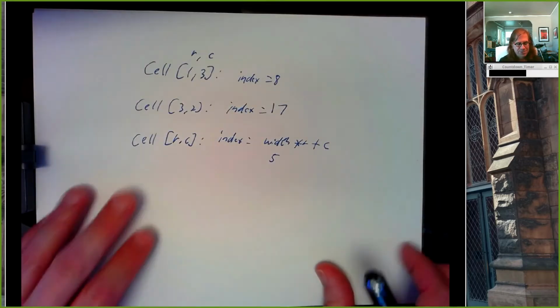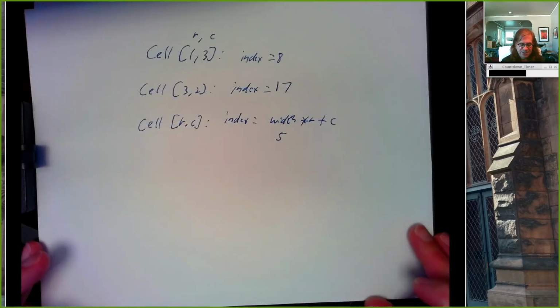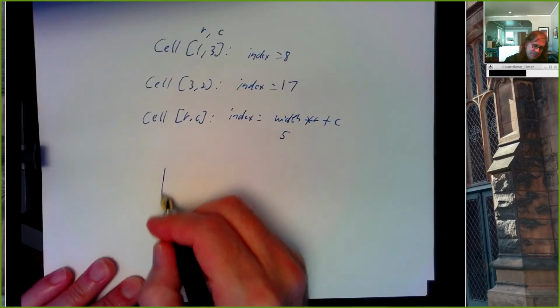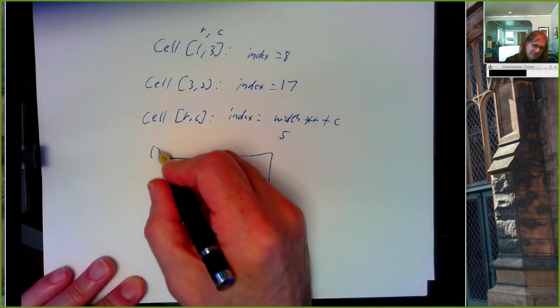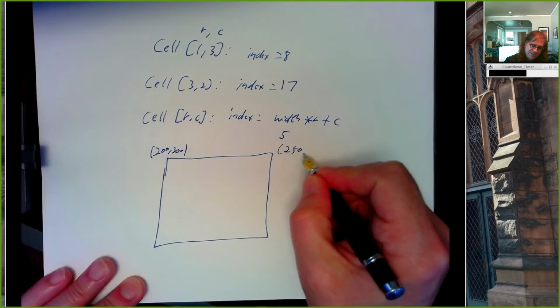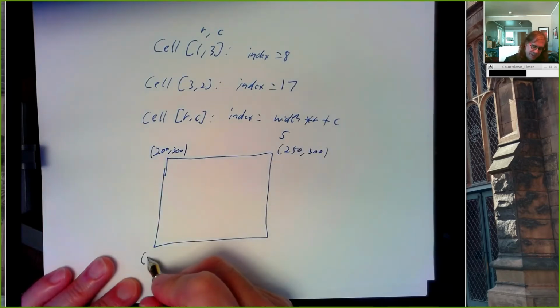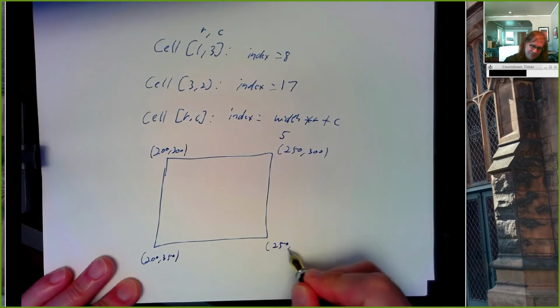And then your remaining task is figure out which edge they clicked next to. So let's say we've got a box, and let's say this is 200, 300, and this is 250, 300, and this is 200, 350, and this is 250, 350.